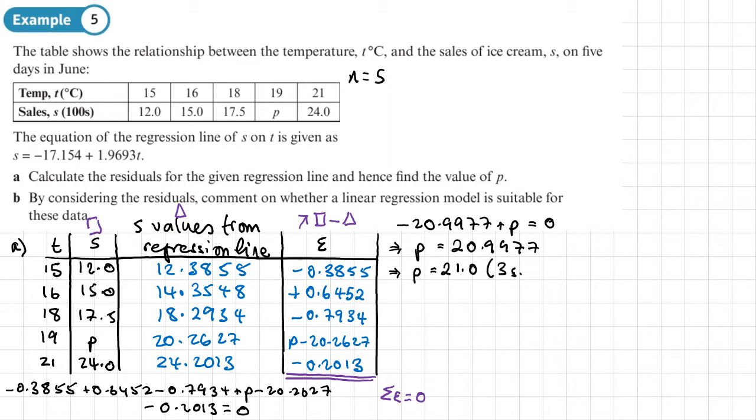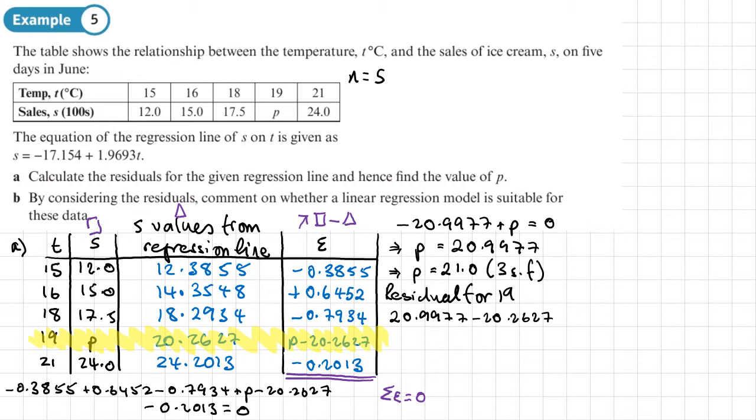That's 3 significant figures. So now we can work out the residual for 19. Basically we're working out what the residual is for this value now that we've got the value of P, and that's going to be our value of P, which is, we'll use the exact value, 20.9977 minus the value of S we got from the regression line, which was 20.2627, and we get a residual value of 0.735.